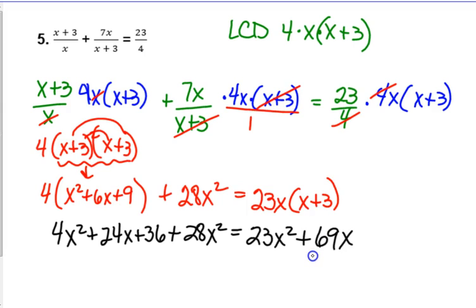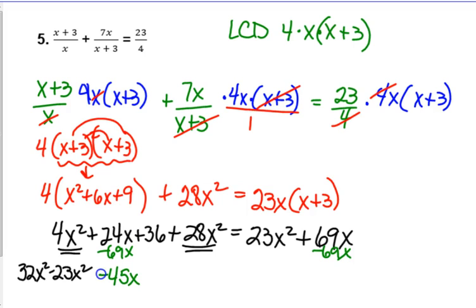All right. I need to combine like terms and subtract everything over to the one side. So if I combine those, I have 32x squared, but I'm going to subtract 23x squared over there. And then I'm going to subtract 69x, which is a negative 45x.